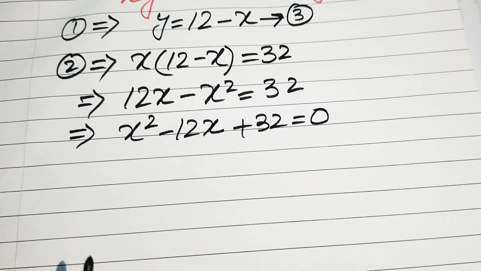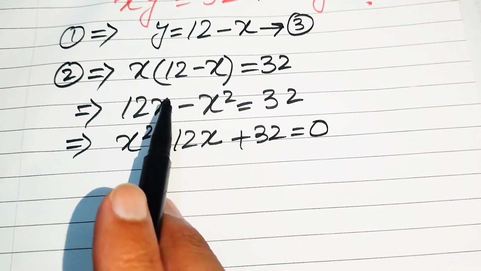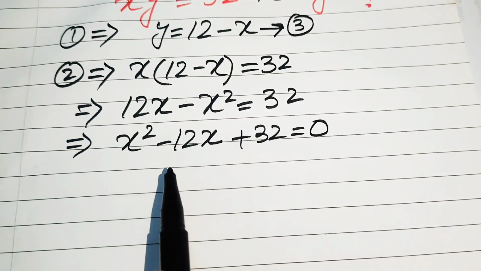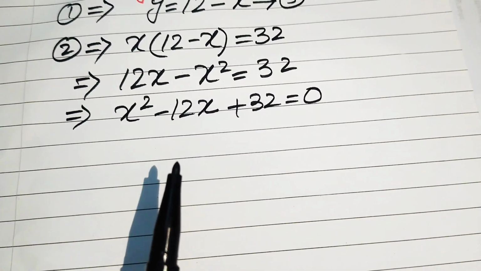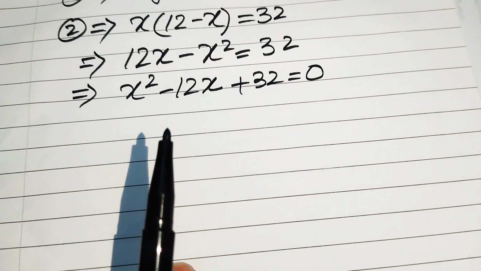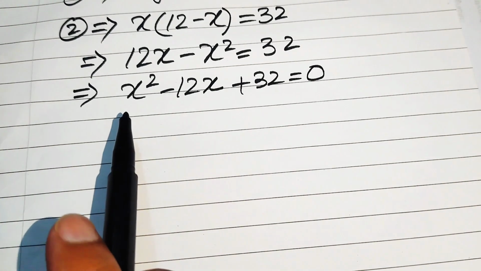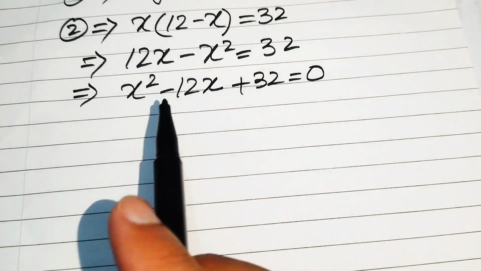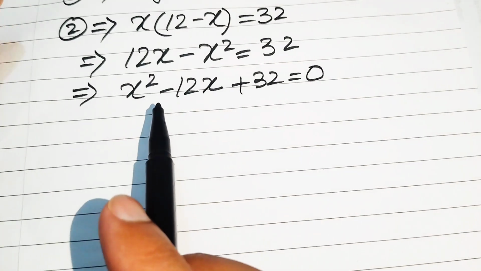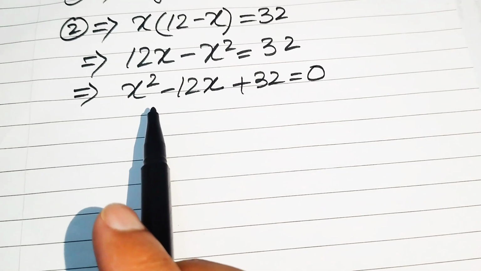So now here after substituting the value of y in equation number 2, we get the quadratic equation in the variable x. So here we find the factors of this quadratic equation by using the quadratic formula or the factorization technique.